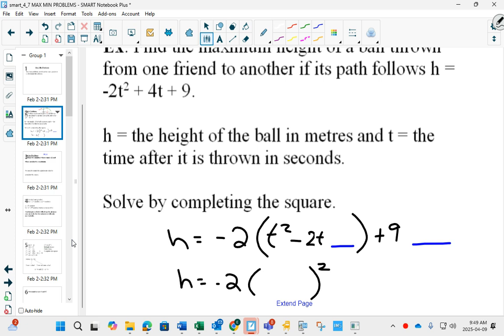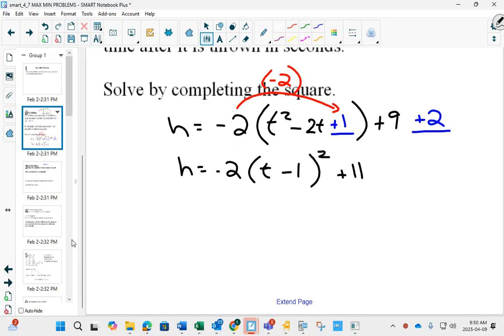And now if we complete the square, that -2 tells us it has to be t minus 1. And if it was a -1, there would be a +1 there. But what have we actually done? That +1 would get hit by a -2. So since we've actually subtracted 2, we have to compensate and add 2 to even it out. +11.